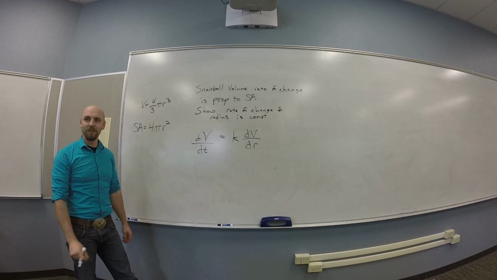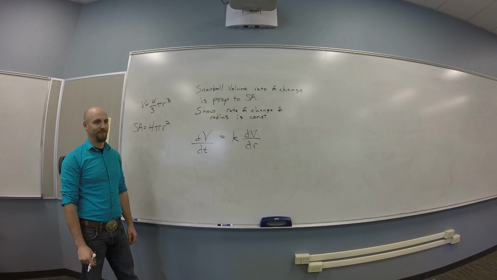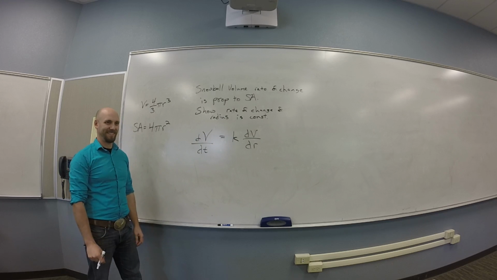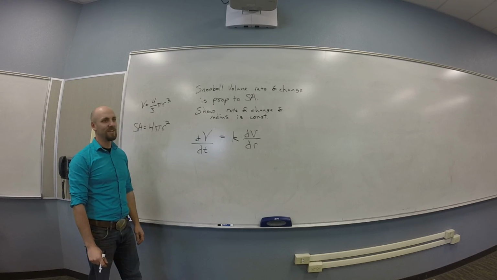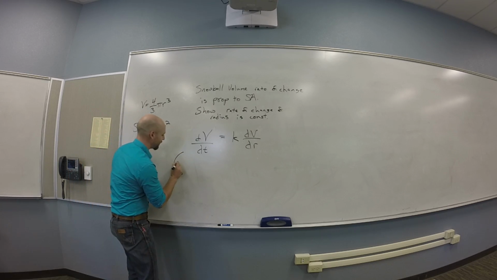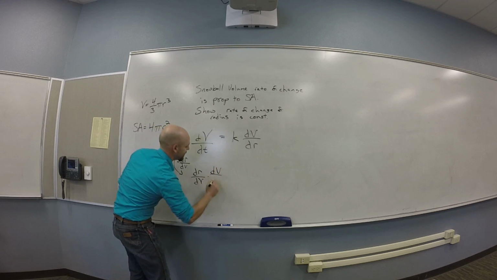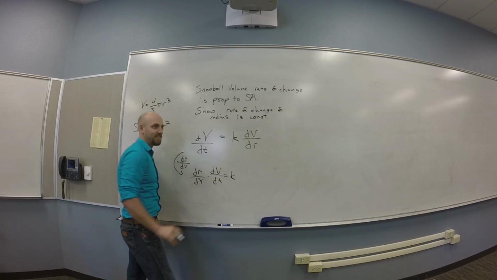So to show that this is constant, you just multiply both sides through by dr over dV. Really that's kind of using the chain rule. So you get dr dV times dV dt is some constant k. And by the chain rule, this thing is dr dt.